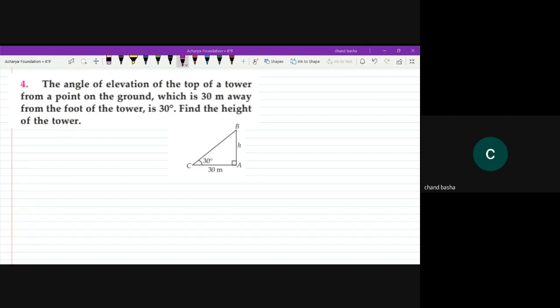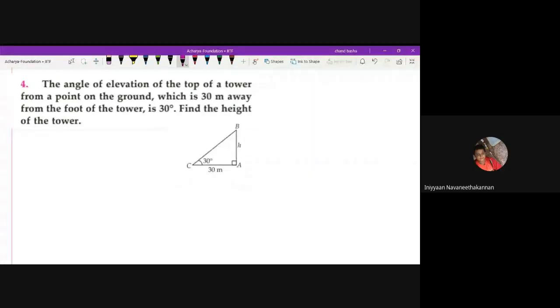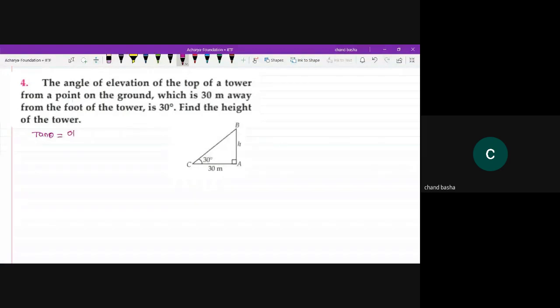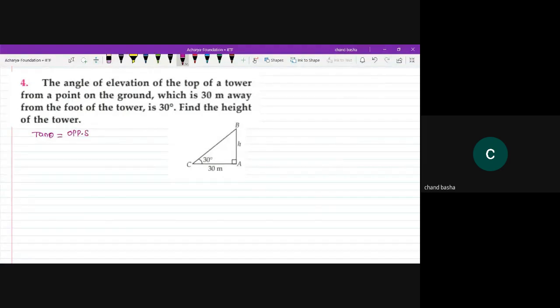Vagdevi. Yes, Navneet. Sir, it is tan. You can make use of tan theta from the figure. Tan theta is equal to opposite side upon adjacent side.